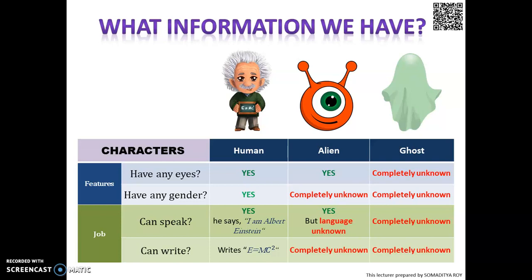So as far as these three different characters are concerned, we can say the human is properly defined. That means we are able to gather all the information of human. But for the alien, some of the properties or characters are known, like eyes or the feature speak, but there are some abstraction or unknown information, like the gender or the language alien uses for speaking, or whether there is any write job or not.